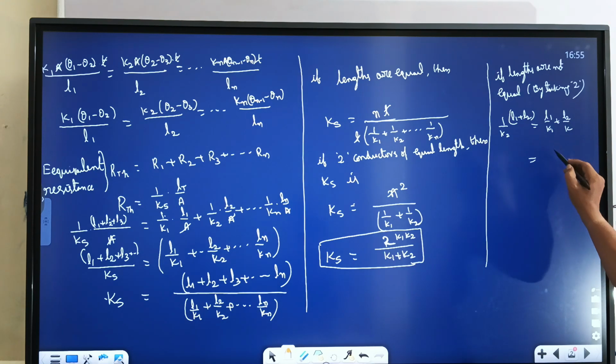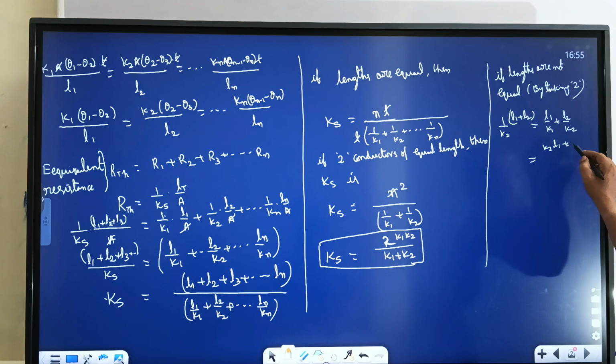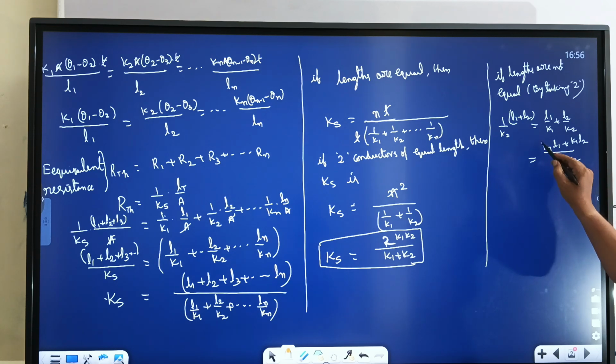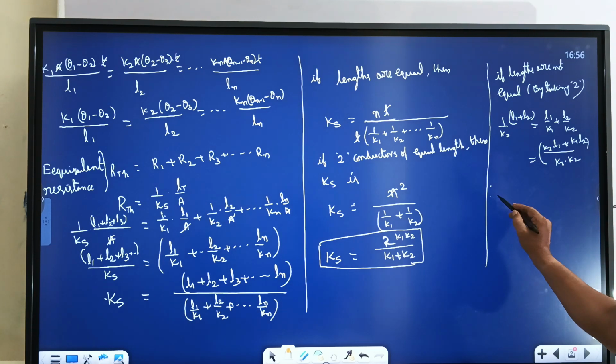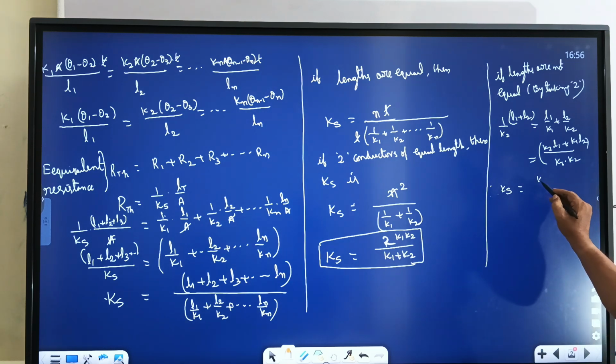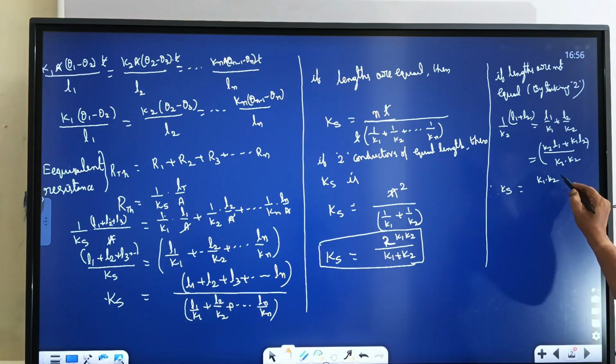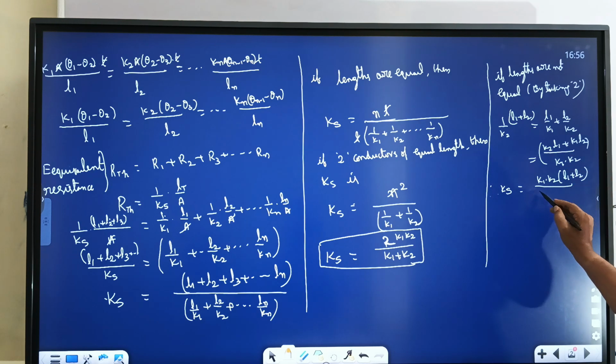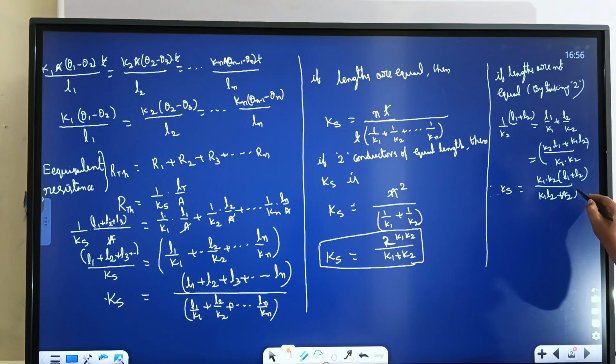Now take LCM, that is K2 L1 plus K1 L2 whole divided by K1 into K2. Therefore Ks is equal to K1 into K2 into L1 plus L2 divided by K1 L2 plus K2 L1.